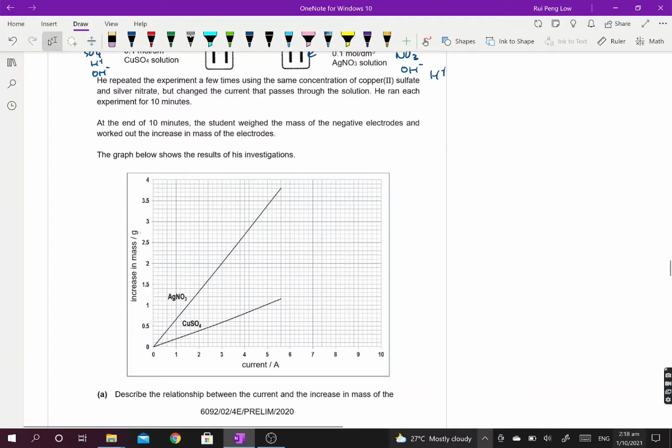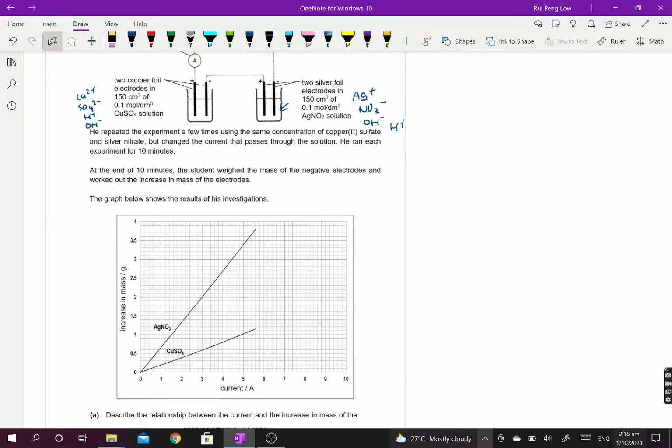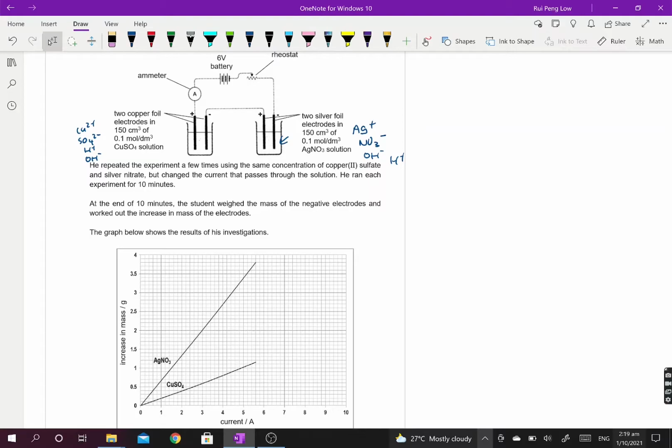Okay, so basically this student repeats the experiment a few times, using the same concentration of copper 2 sulfate and silver nitrate, but changing the current passing through the solution. He ran each experiment for 10 minutes, and at the end of 10 minutes, the student weighs the mass of each electrode, basically this one and this one.